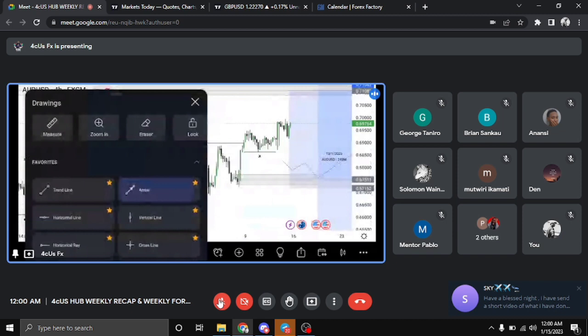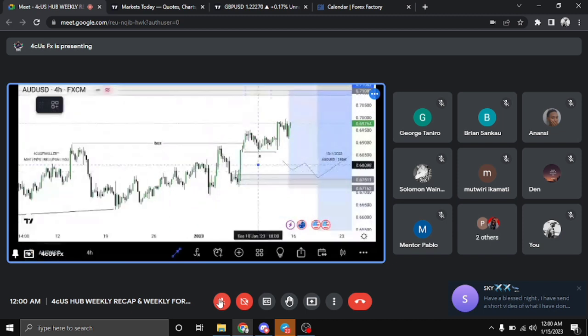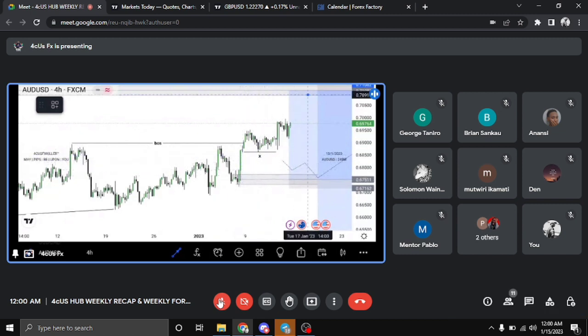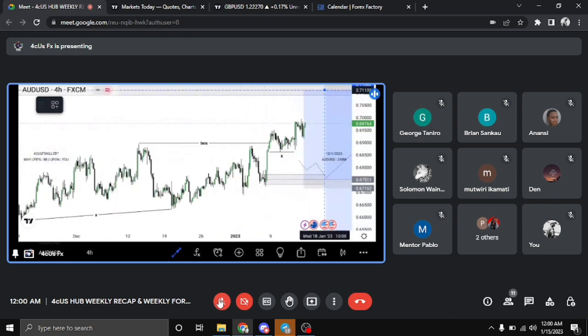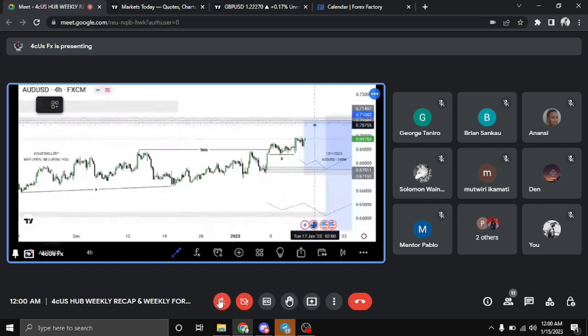Kuna hii demand iko hapa, kuna liquidity iko hapa, kuna imbalance iko hapa. Price iko clearly inapanda. Unaona? So, in case it pulls back, itakuwa to mitigate this liquidity, take out this imbalance, mitigate this demand, alafu ipande as it heads to this reversal supply, alafu reversal supply itushukishe chini.